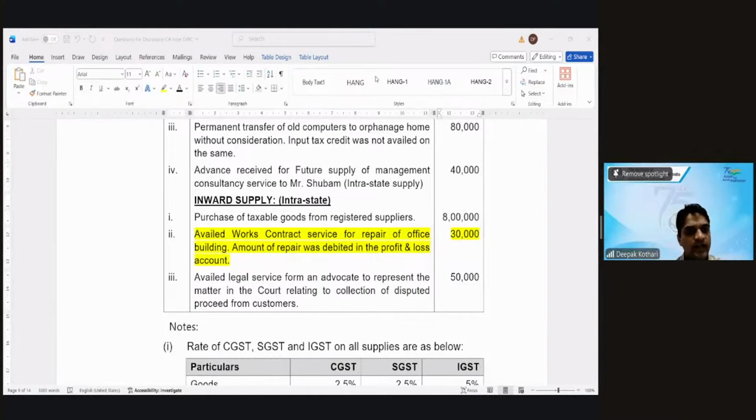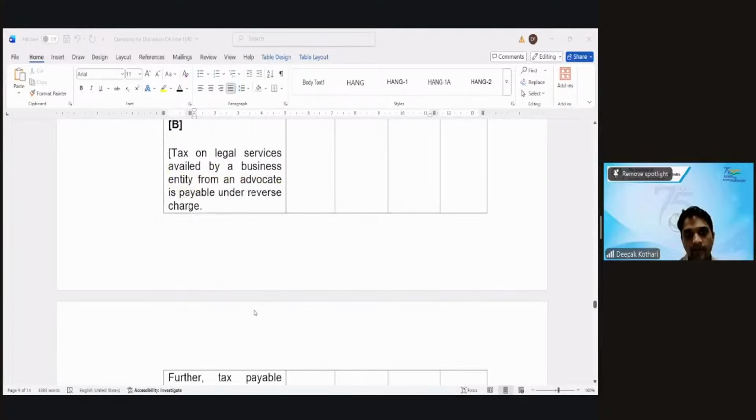Not eligible, no ITC, works contract for repair? Therefore, ITC available. Right. Works contract when it is for capital use, that restriction under Section 17 is block credit. Seeing works contract service, don't block it like that. I will give the explanation here.